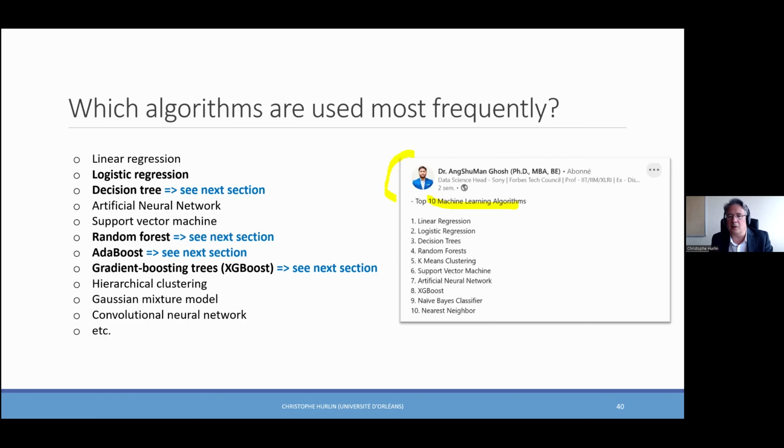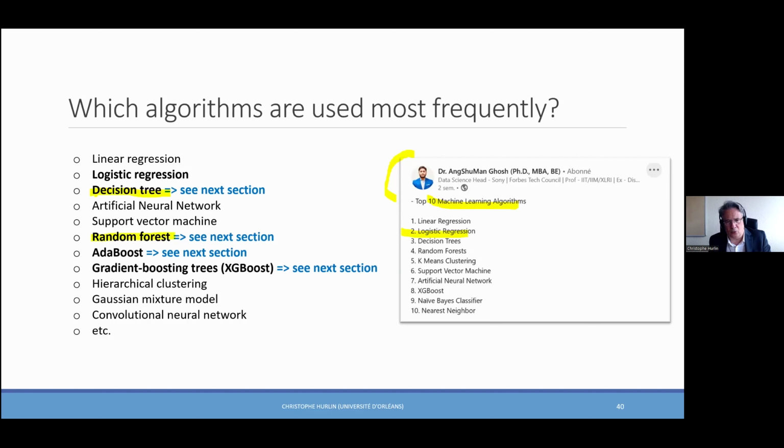But to be brief, in general the most often used algorithms are logistic regression, which is not machine learning for me, it's just an econometric model. But in general we find the decision tree, the neural network, and the support vector machine.